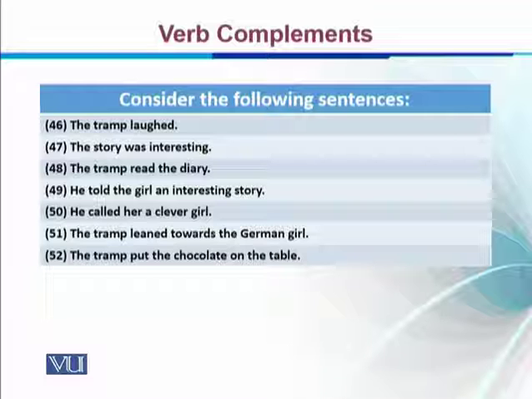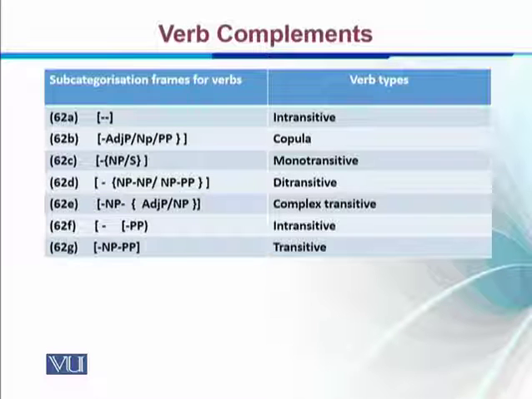So the tramp put the chocolate on the table. So we have the verb put, and after put we have a noun phrase, the chocolate, and after chocolate we have a prepositional phrase, on the table. So if we look at all these examples, we find that these are followed by one type of noun phrase or another type of noun phrase.